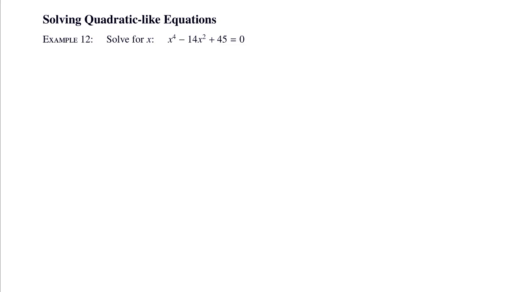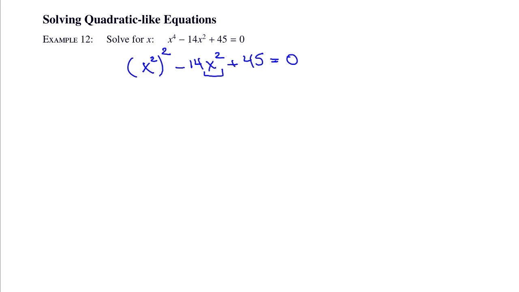But it is quadratic-like in the sense that we have this minus 14x squared in the middle, and then x to the fourth, the beginning term, can be written as this middle piece, x squared, squared. So you have something squared minus 14 times that same something plus 45.